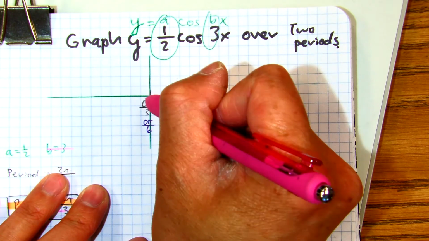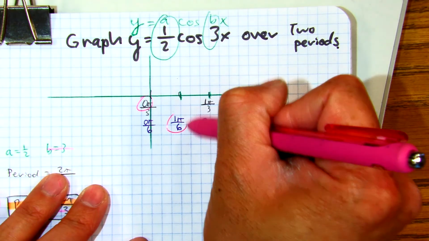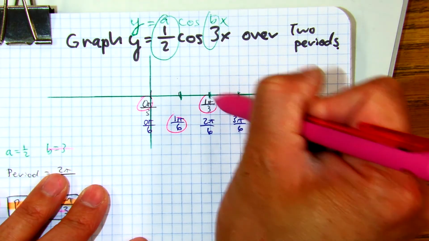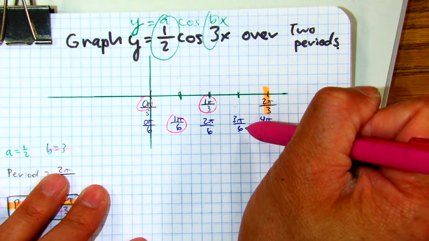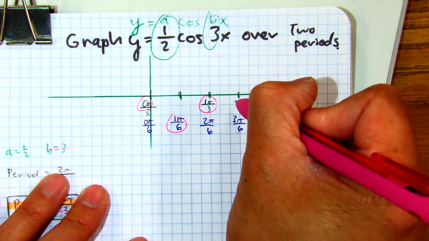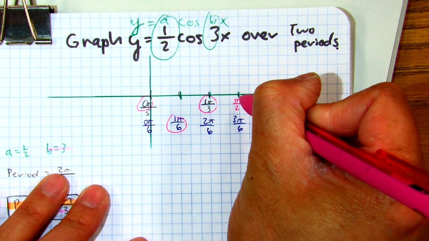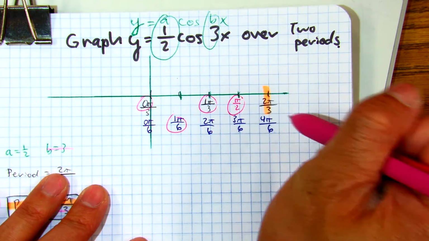Just 0 pi. Is that reduced? How about this one? Yes. This one? Yes. Huh? Pi over 2, yeah? And 2 pi over 3.